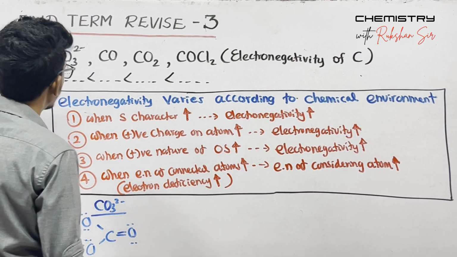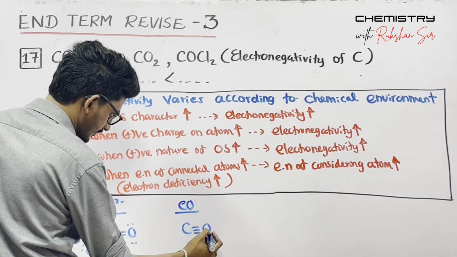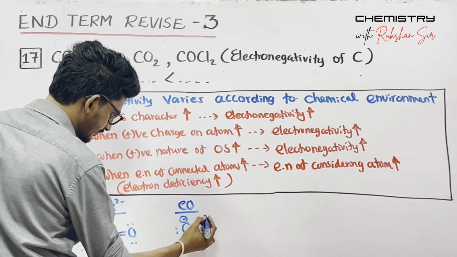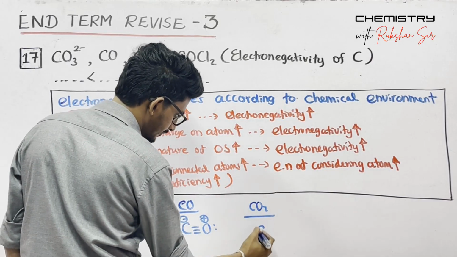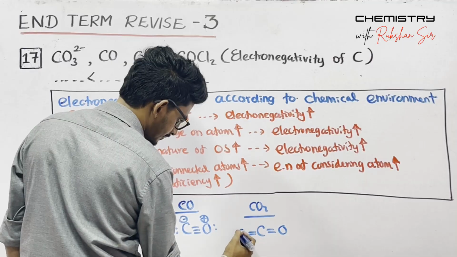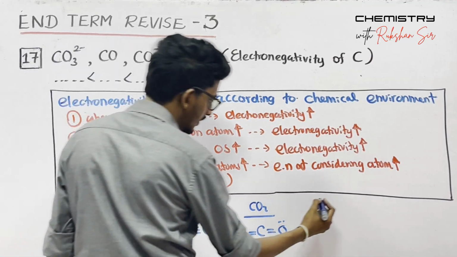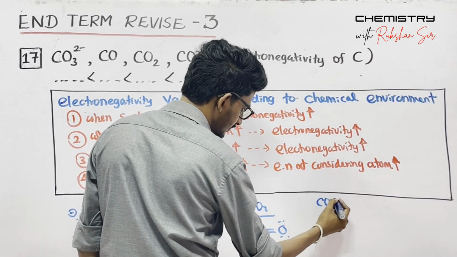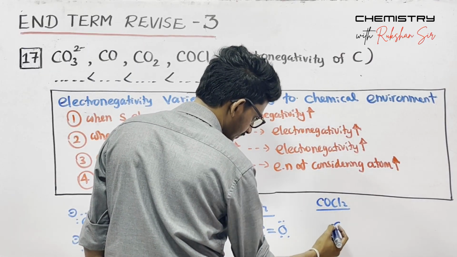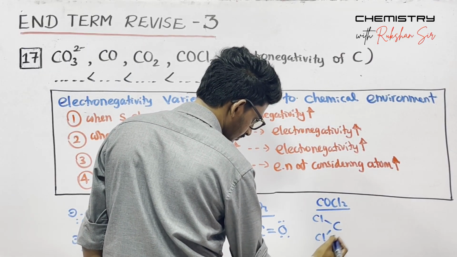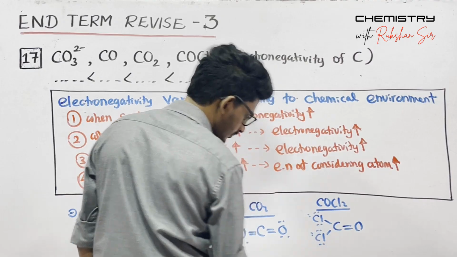Carbon monoxide, this is the Lewis structure. CO2, then you have COCl2.